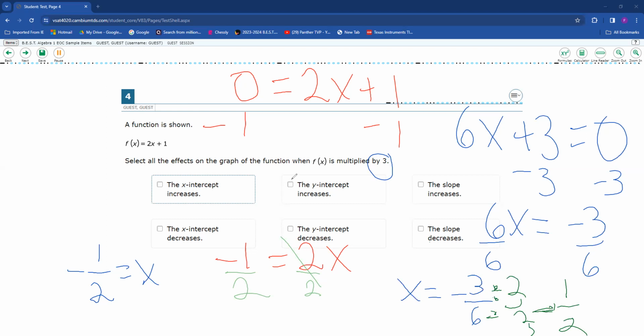Let me see if I can clean this up a little bit better. I'm not at work, so I'm not using the nice Promethean board.